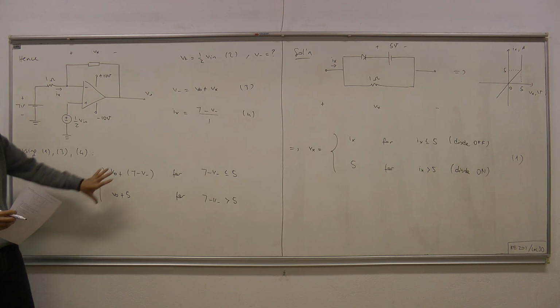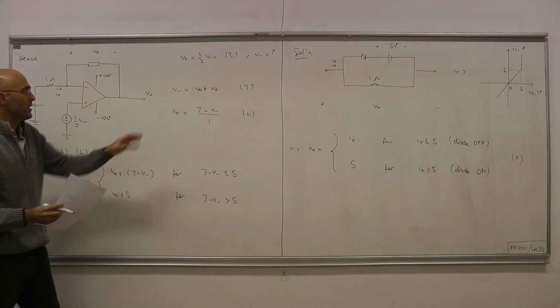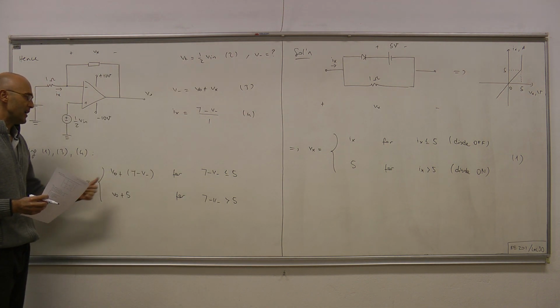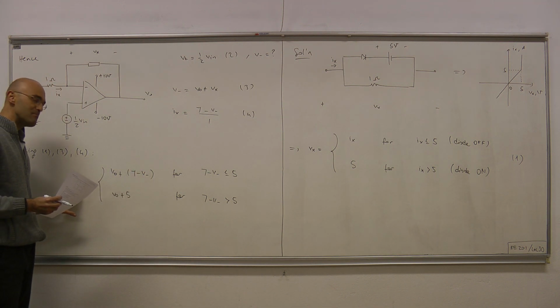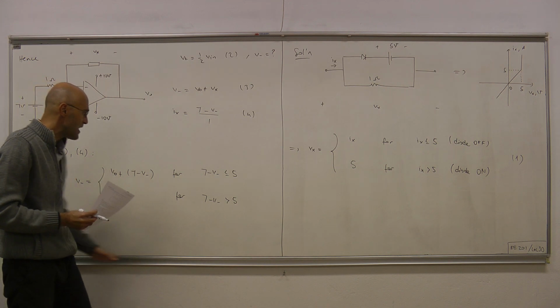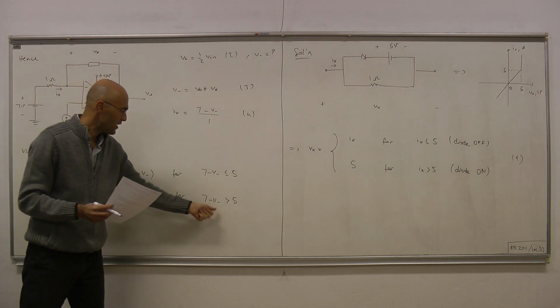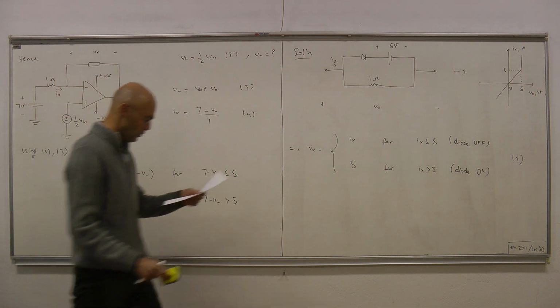Now this expression is better than all those collections of expressions because it's only in terms of V minus and V out. But still it's not the final expression, because we want V minus on the left hand side and on the right hand side only in terms of V out. But we have some V minuses that we have to take care of. So let's take care of those.